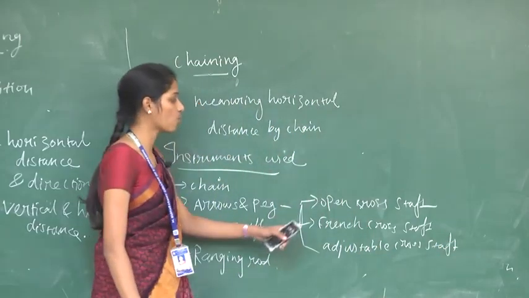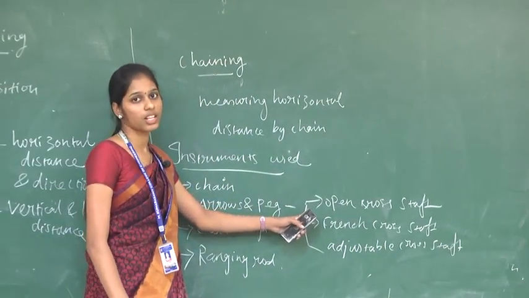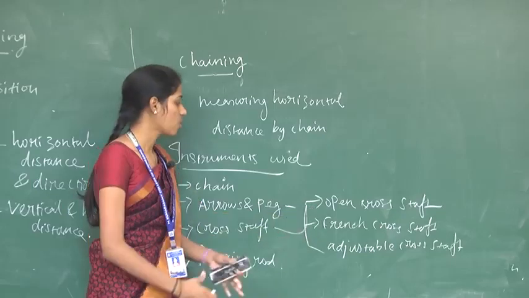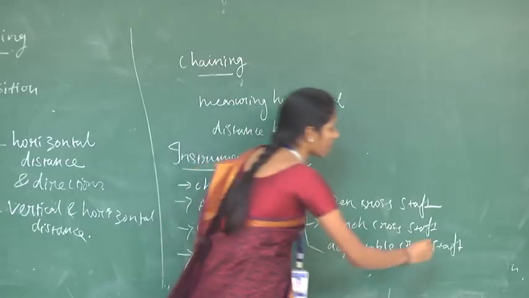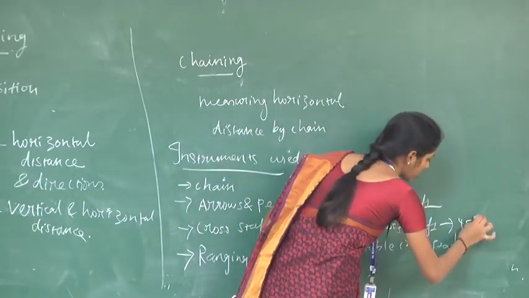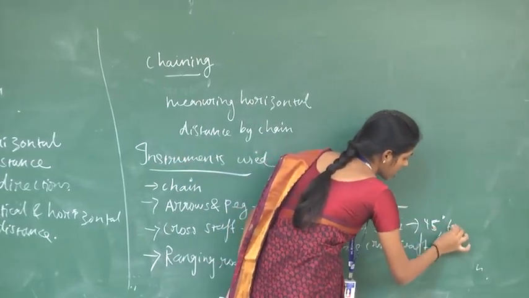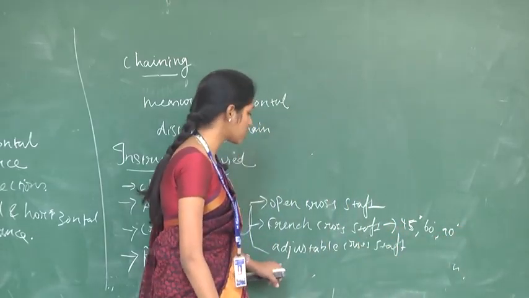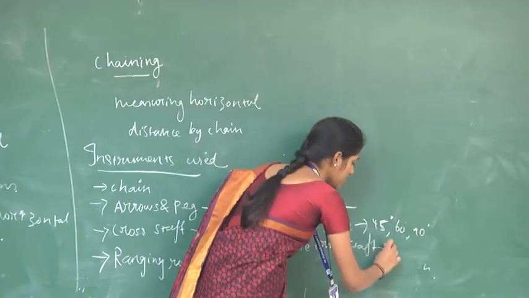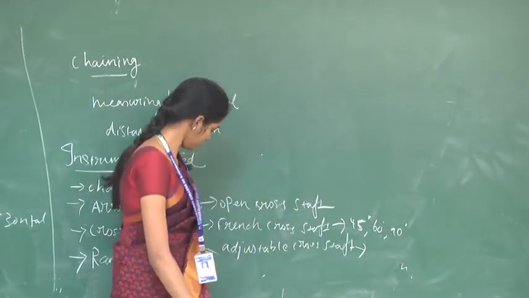With the help of this open cross staff, we can make the 90 degree perpendicular offsets. With the help of French cross staff, we make the survey lines for 45 degree, 60 degree and also 90 degree survey lines. With the help of this adjustable cross staff, we can place at any angle.